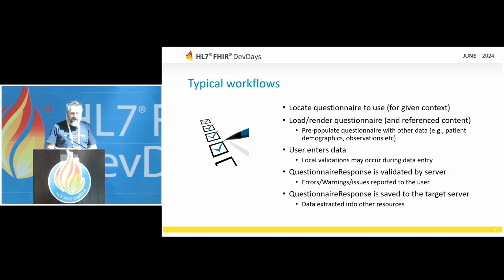Typically extracting all or parts of that content into other FHIR resources so I can do further activity with it. I might pull some of the content out into observations, or create a condition, or who knows what. More on that in my other session on Thursday on pre-population and extraction.